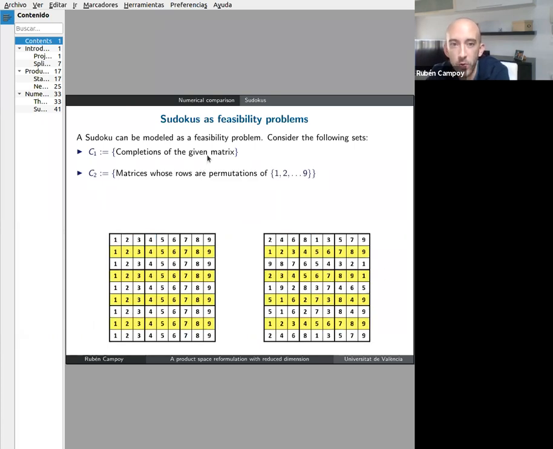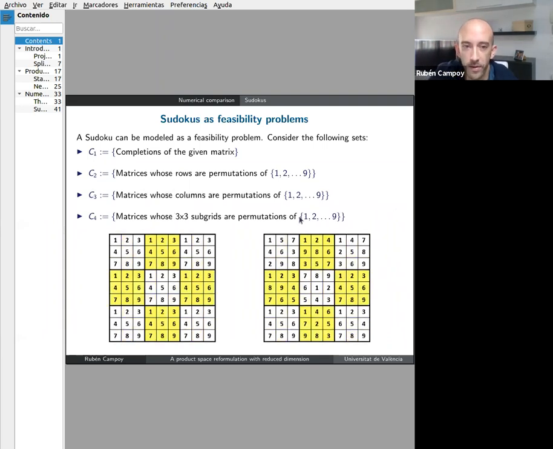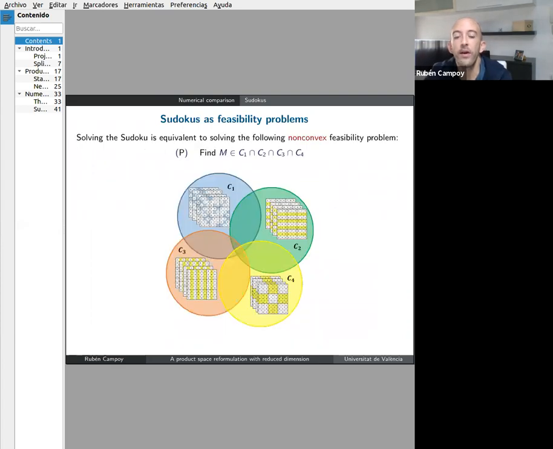C2 is the matrices whose rows are permutations of the numbers from 1 to 9, but we don't care about the columns. We only care about the rows in here. C3 is the same with the columns. And C4 is the same with the subgrids. So Sudokus live on the intersection of these 4 sets. So this is a feasibility problem that models the Sudokus.